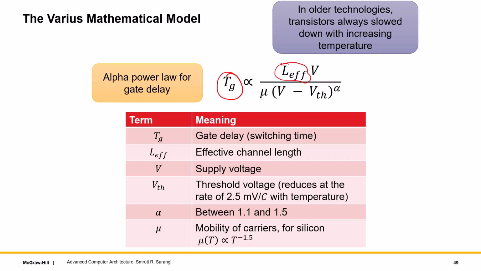It's not exactly the channel length, but you have to look at the depletion regions and so on, so there's a term called the effective channel length. Then the supply voltage, and the mobility of the carriers, which typically varies as temperature to the power minus 1.5, which means the higher the temperature, the lower the mobility, especially in silicon, right? And then (V minus VTH) to the power alpha, right?